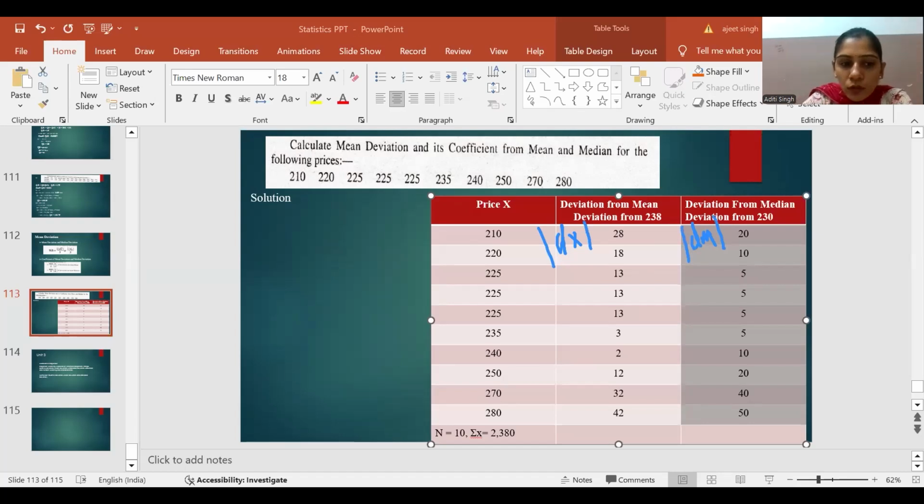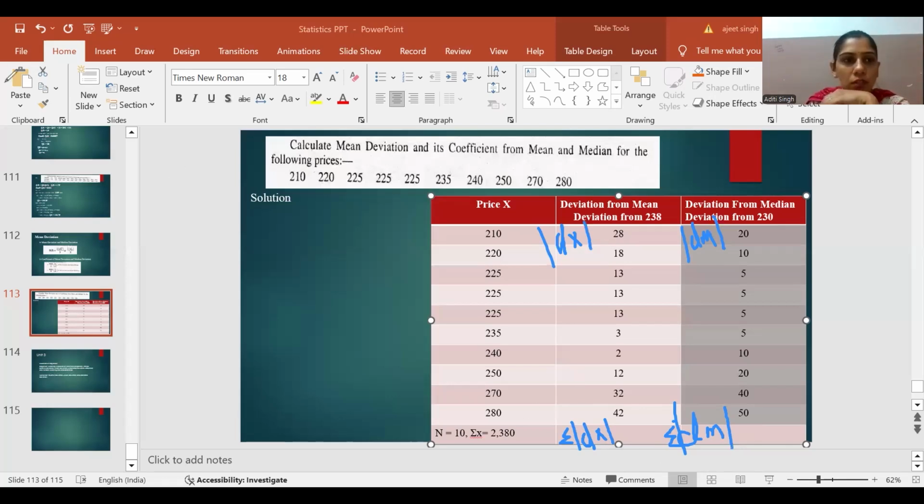Okay, so now what we have to do is the sum of these. The sum of dx, and then again here we have to do the sum of dm.